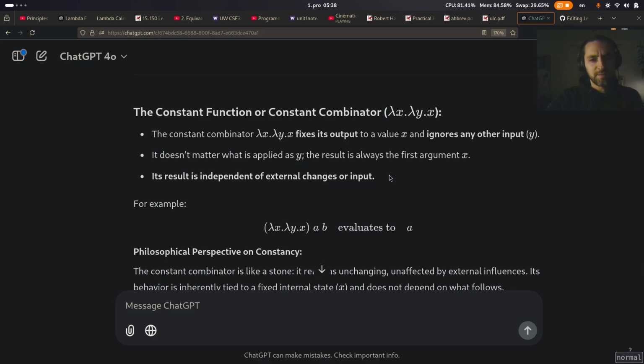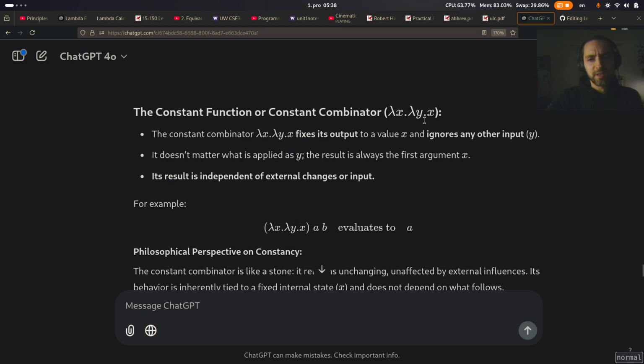Now the constant function or constant combinator, lambda x, lambda y, x. The constant combinator fixes its output to a value x and ignores any other input.